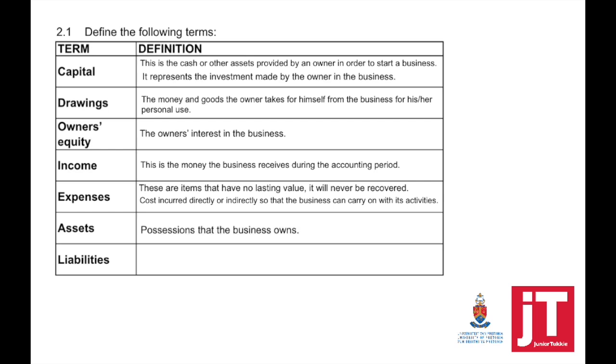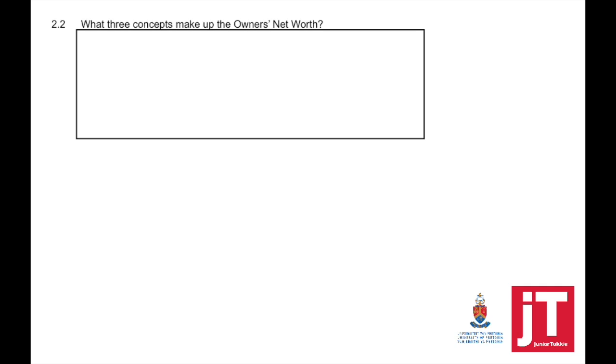When we're talking about assets, we're talking about possessions that the business owns. Liabilities is money that the business owes to outsiders. We said owner's equity is the interest that the owner has in the business. So the three concepts that make up the owner's net worth are capital, drawings, and the profit or the loss that the business makes.